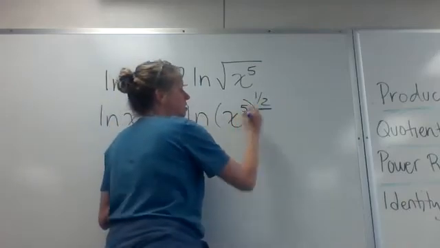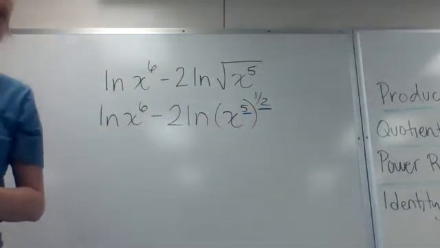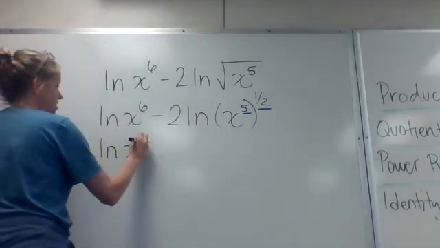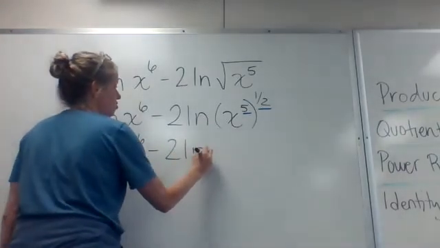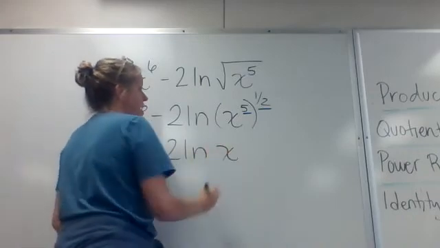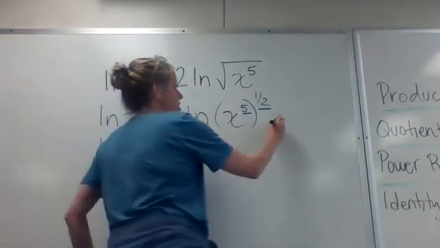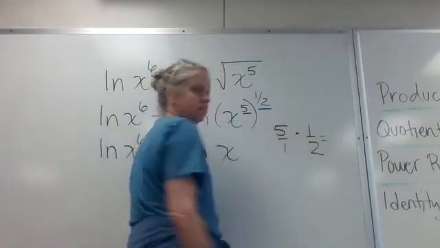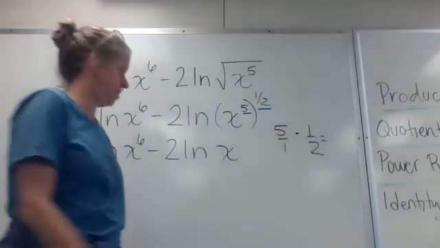Now I need to multiply those exponents together. What happens when you multiply 5 times 1/2? 5/2.